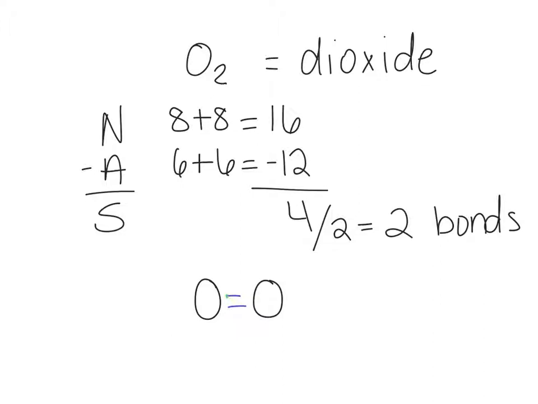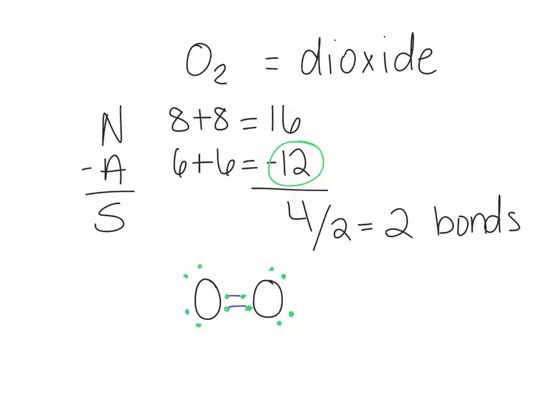Okay, each of these has 2 electrons. So I have 1, 2, 3, 4. I need to have 12 total. So 4, 5, 6, 7, 8, 9, 10, 11, 12. So notice that we are putting them in pairs, okay?